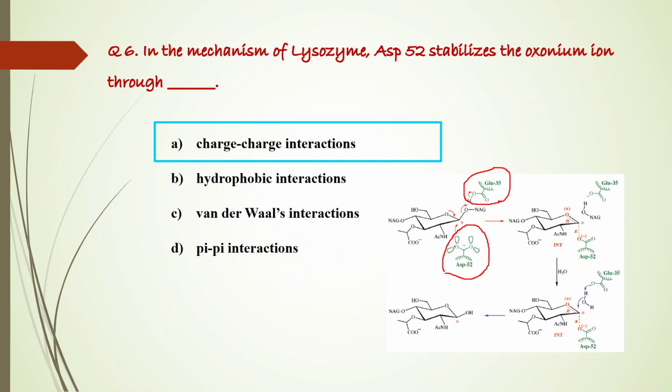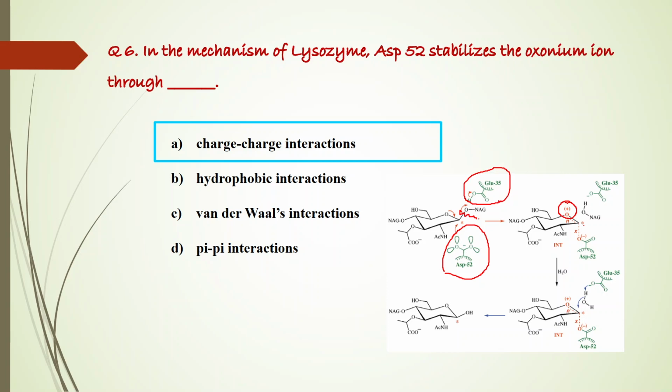Now, if you look at the mechanism, basically GLU35 breaks the 1,4-glycosidic bond, for which you can see whenever this bond gets broken, we now have a positive charge here.